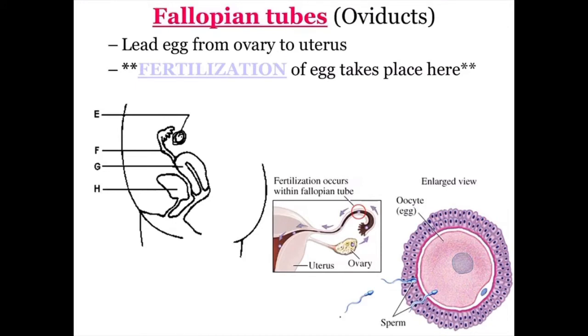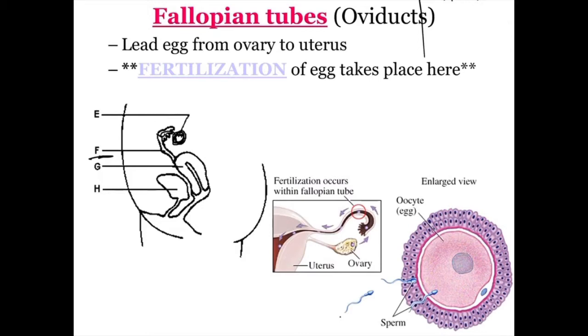It will be ovulated from the ovary into the fallopian tube, which they're showing you here labeled as F. The fallopian tube is also known as an oviduct. When an egg is released into the oviduct, if there is sperm present, that is where fertilization is going to take place.